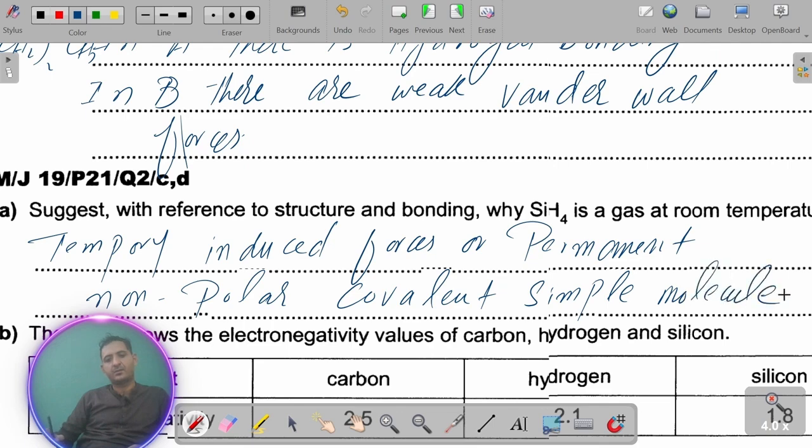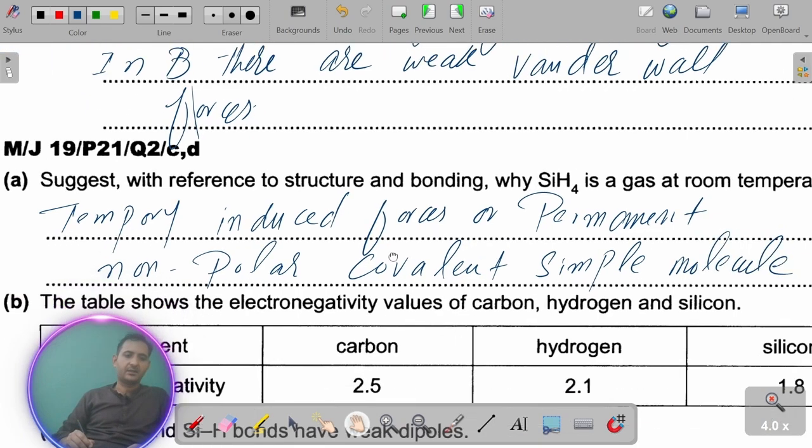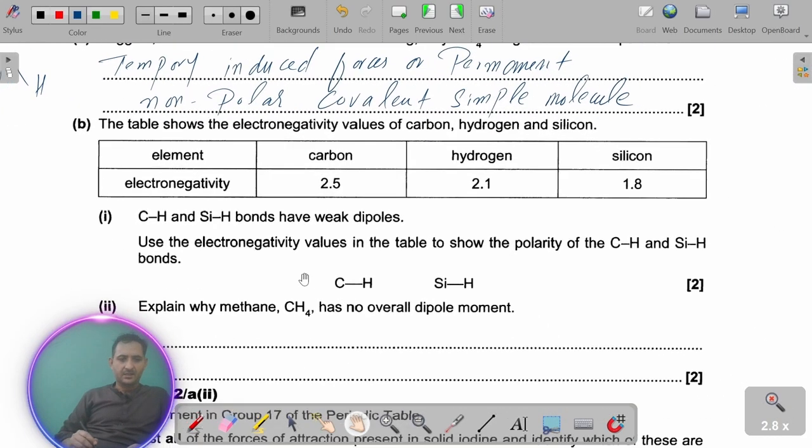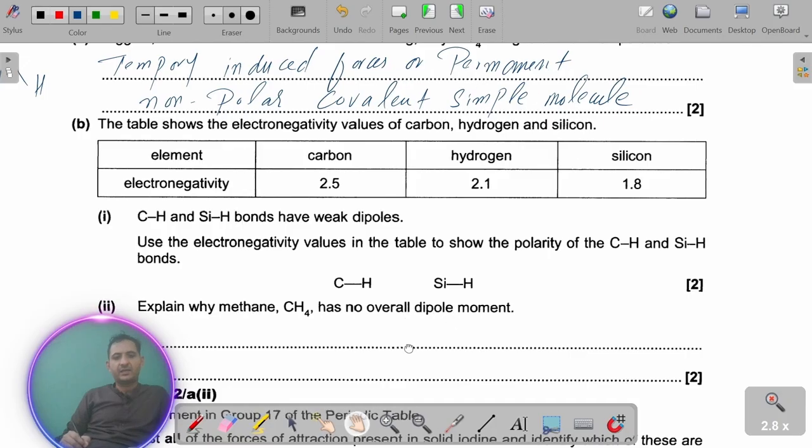Right. The next question: carbon-hydrogen and silicon-hydrogen bonds have weak dipoles. Carbon has electronegativity 2.5, hydrogen 2.1, silicon 1.8. Why does methane have no overall dipole moment?